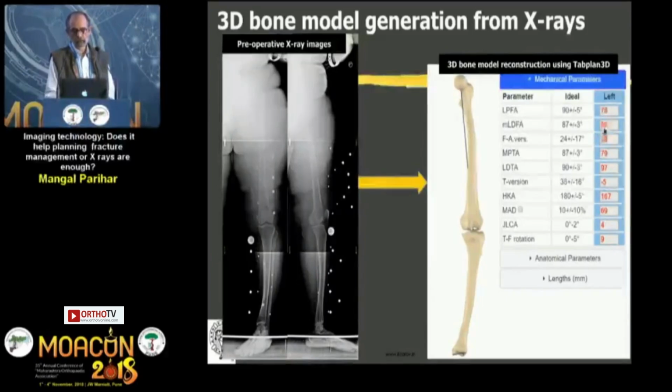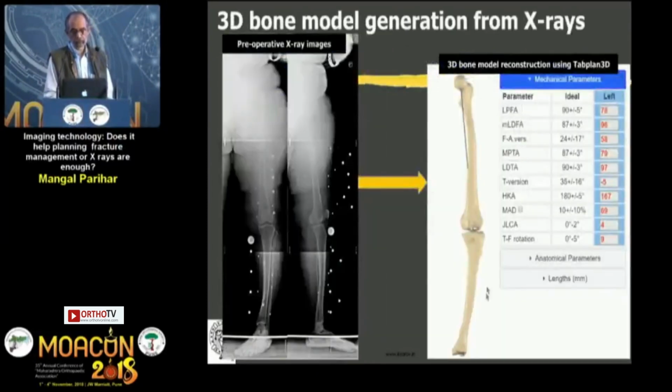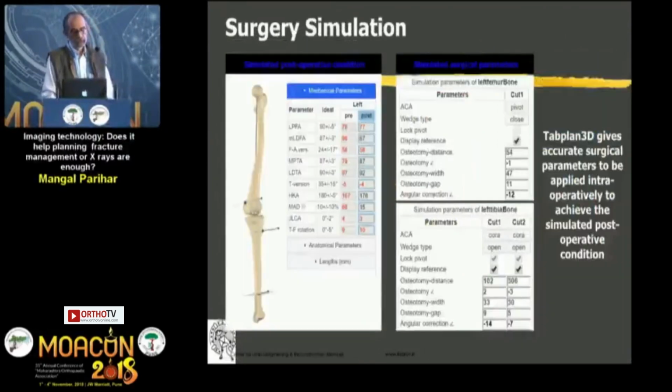Now, from this, it can automatically calculate all the numbers. The important ones here are the LDFA, that is the distal femur, MPTA, that's the proximal tibia, and the LDTA, which is the ankle. In addition to that, using the software, you can simulate corrections. So here I have simulated a valgus osteotomy of the distal femur and 2 osteotomies in the tibia.